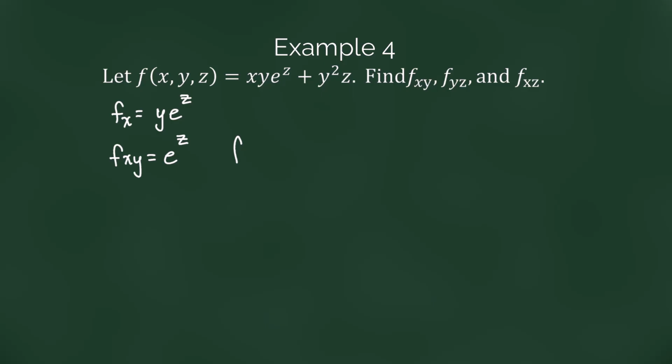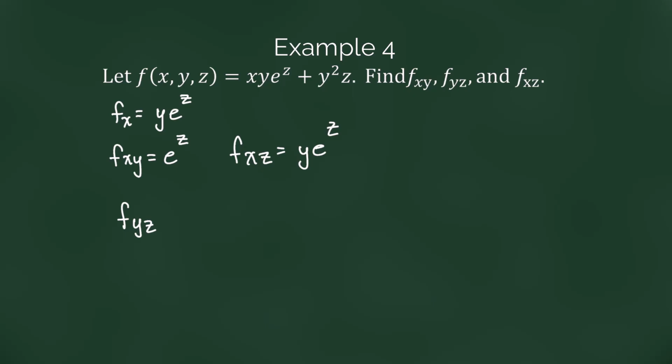We can also do f sub xz, and we're differentiating now with z being constant, and so that's going to be y times e to the z, because the derivative of e to the z is itself, and the y acts as a constant, so we just multiply it in front. The last one we're asked to do is f sub yz. Obviously, there's a few more we could do, but we're not doing them all.